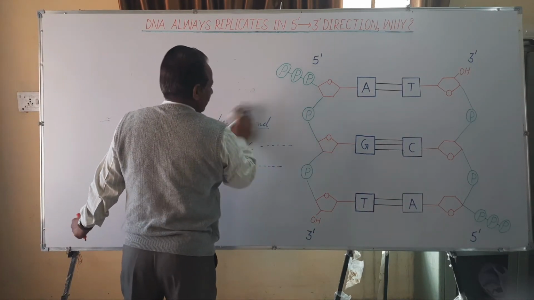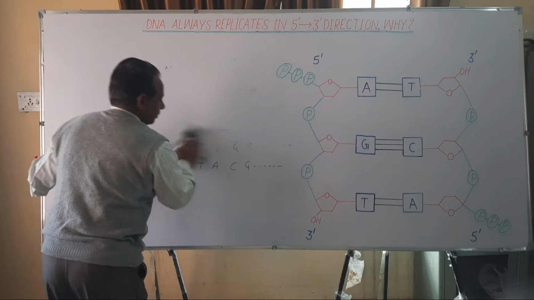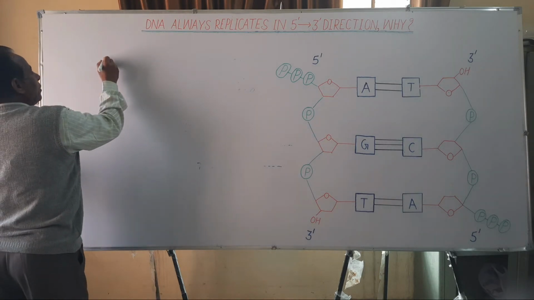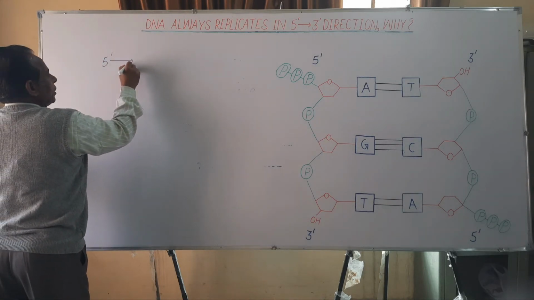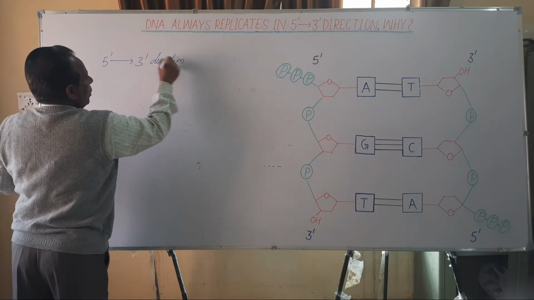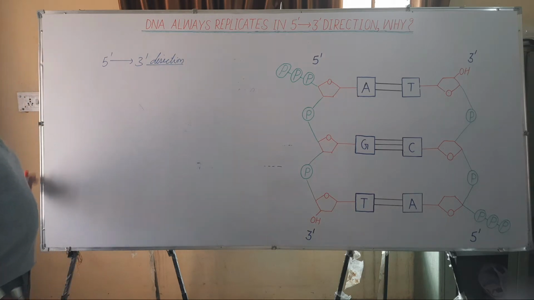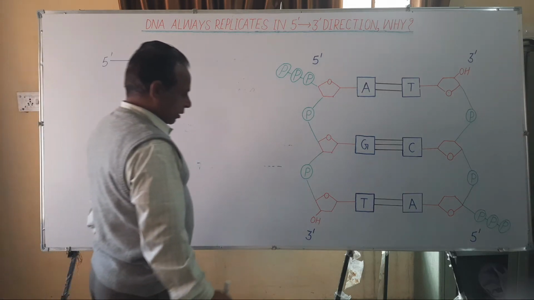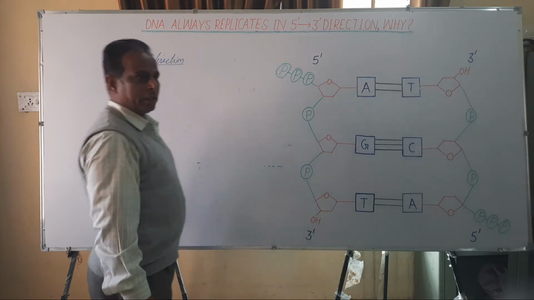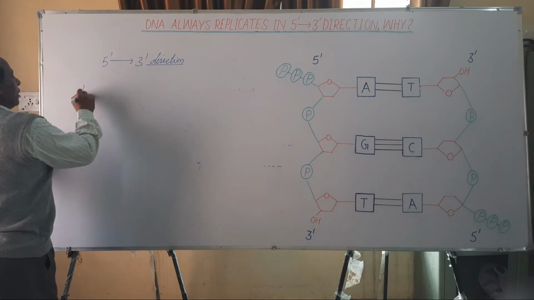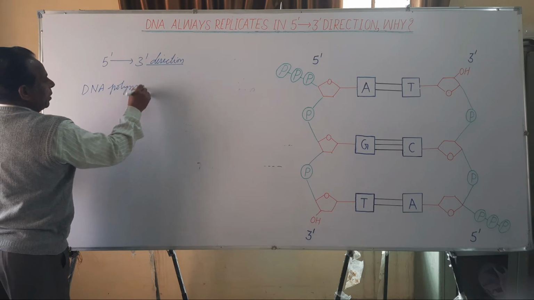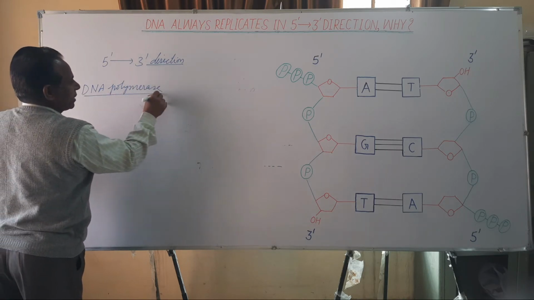The replication always occurs in 5' to 3' direction. In this process, when a free 3' OH group is available on the template, the DNA polymerase catalyzes the polymerization reaction.